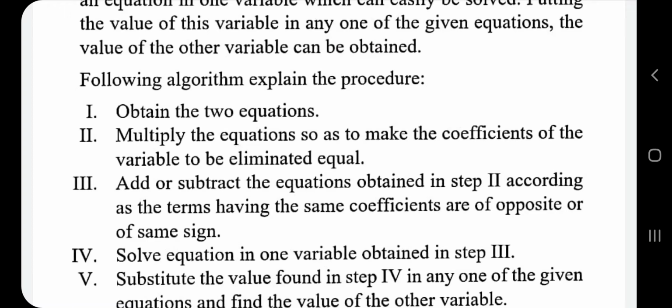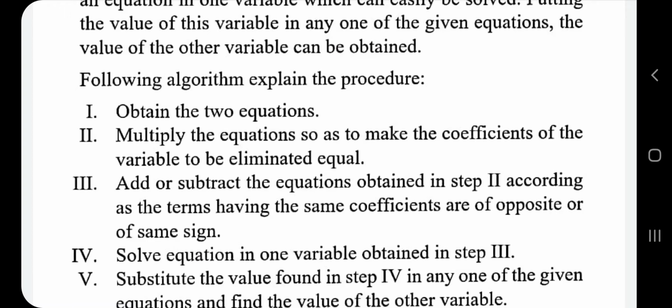It means if we are to eliminate the variable y, then we have to make the coefficients of the variable y equal, so that when we subtract or add the two equations as per the signs of the terms, the coefficients of y, being equal, will cancel out and we will be left with only one variable, that is x.